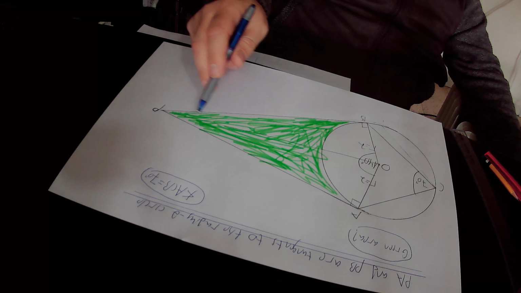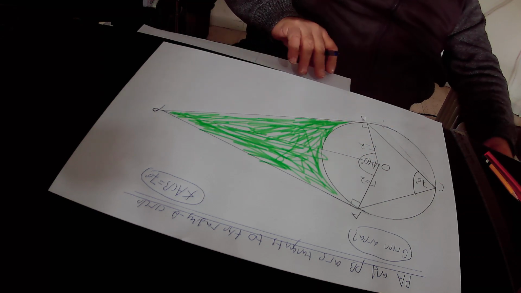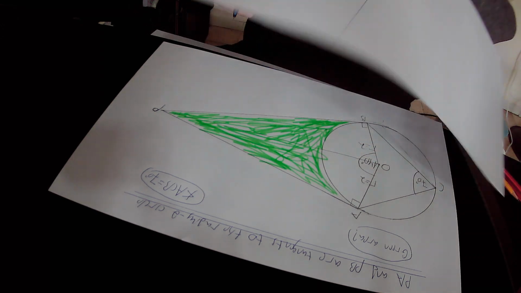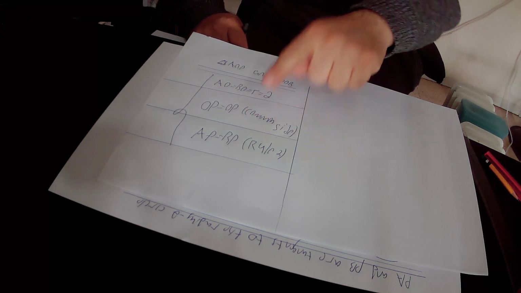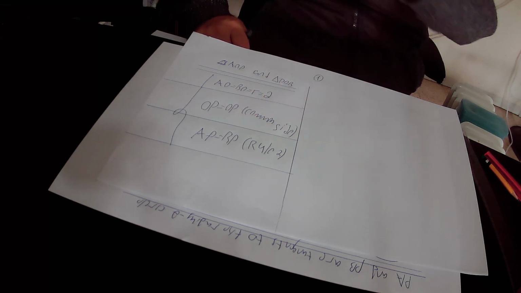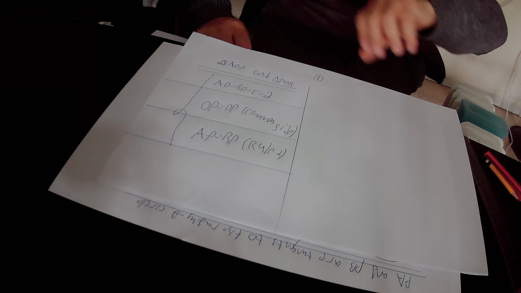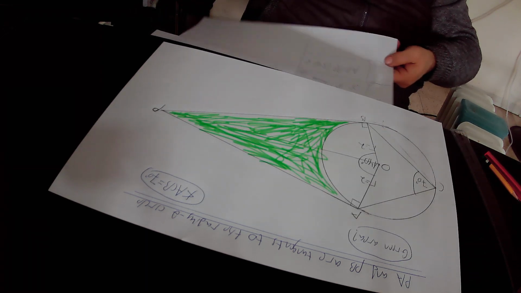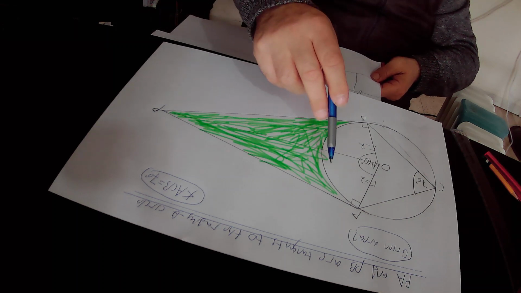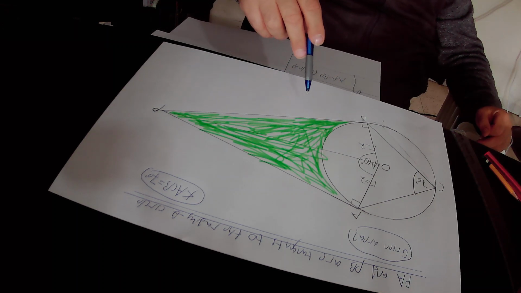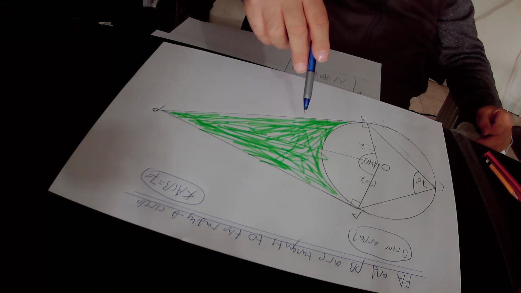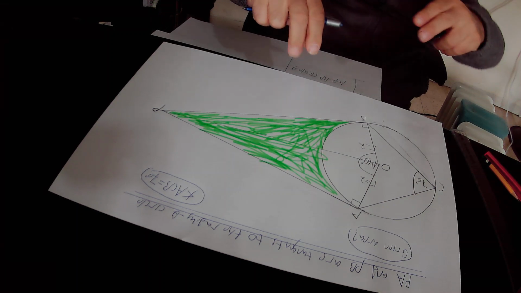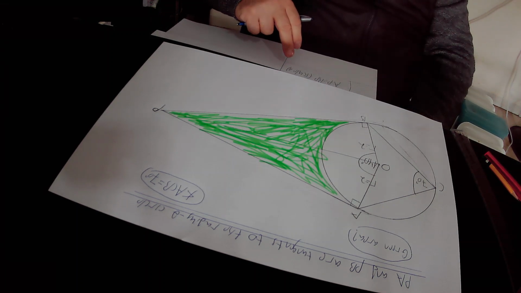That is to say, PA equals PB, or AP equals BP according to rule 2. So I can prove that all three sides of this right triangle AOP are correspondingly equal to all three sides of this right triangle BOP. Therefore, those two right triangles are congruent to each other according to the side rule.